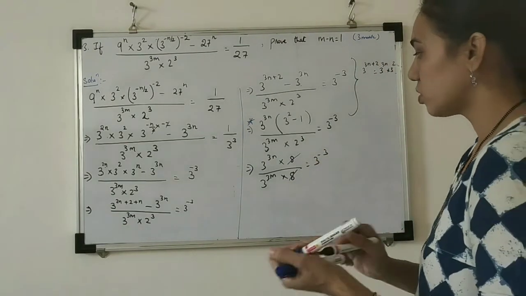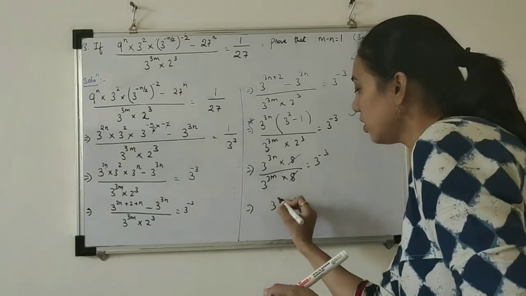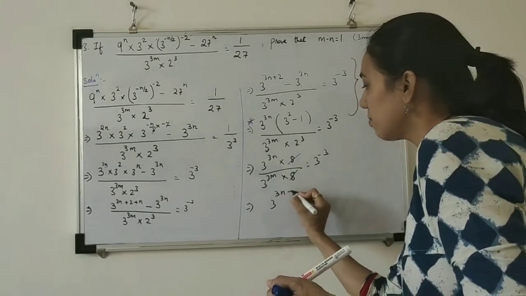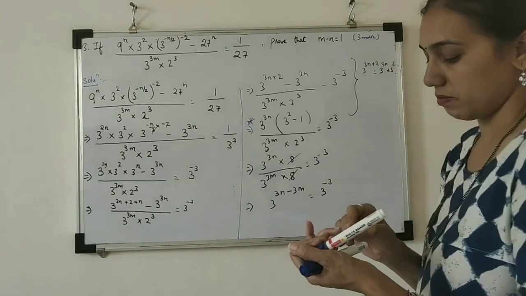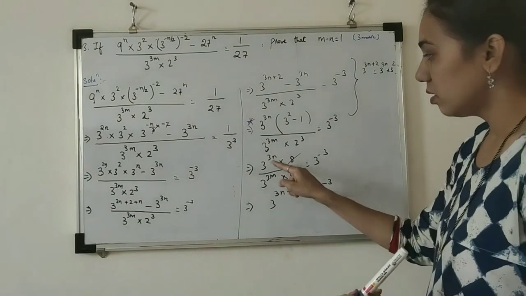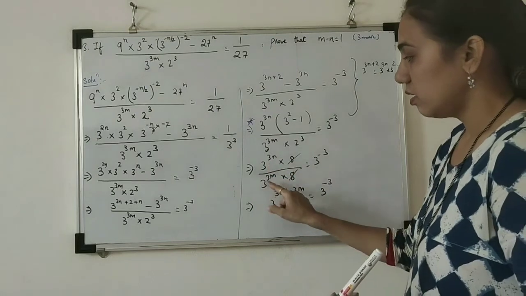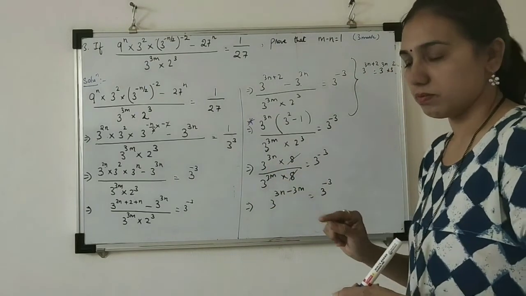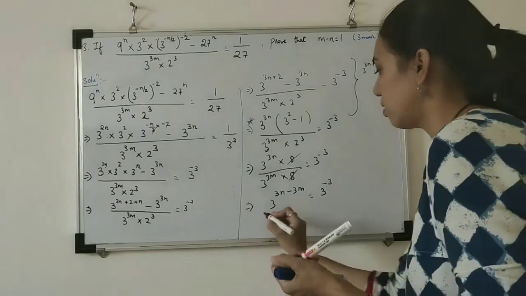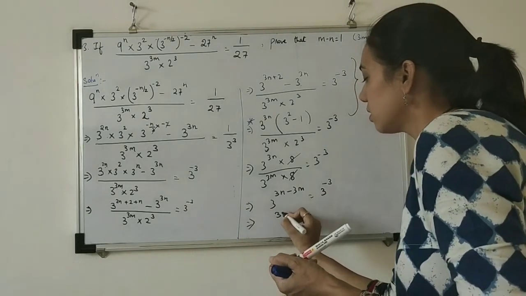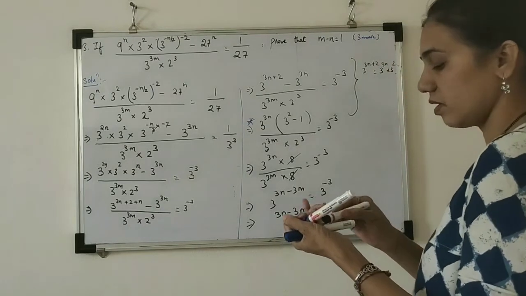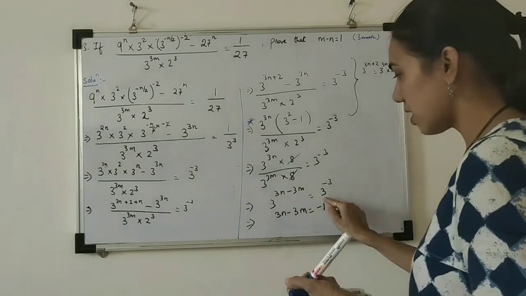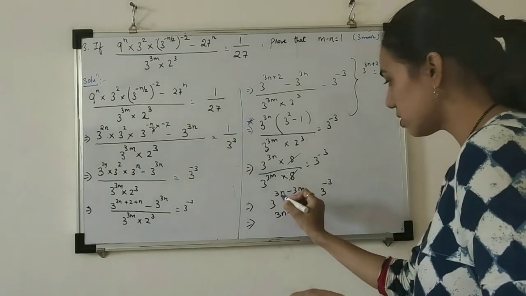And what you are going to get is 3 to the power 3n minus 3m is equal to 3 to the power minus 3, that is 3 to the power 3n divided by 3 to the power 3m. So that reason you need to write down. Which implies 3n minus 3m is equal to minus 3. Because the bases are same, you can compare the indices.